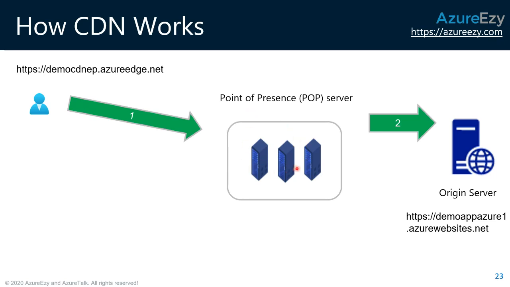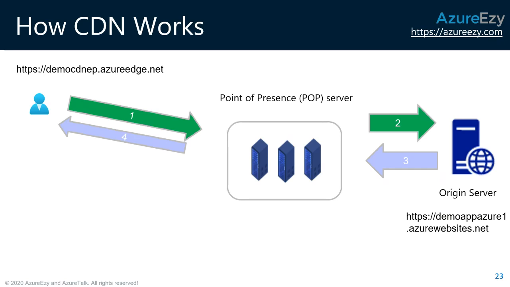If the point of presence server has it saved in its cache, it will revert back to the user. Because it is the very first time, this point of presence server will go to the origin server. This is my origin server. Once it has the content, it will cache the content at the POP and then revert to the user. So the user will receive this.